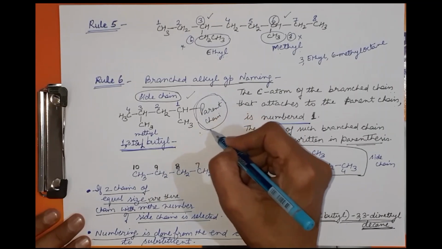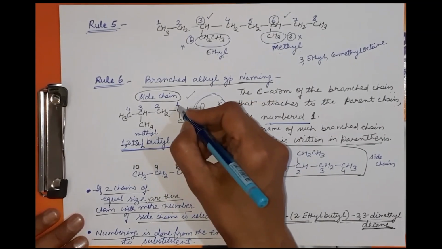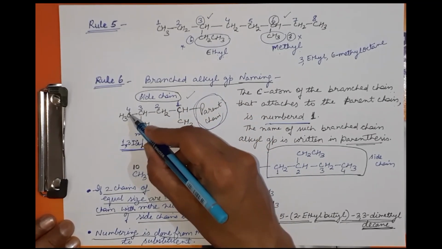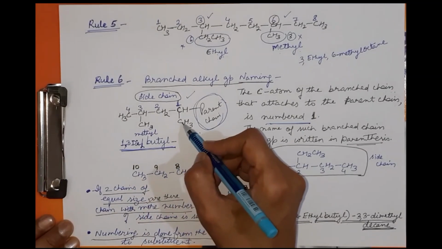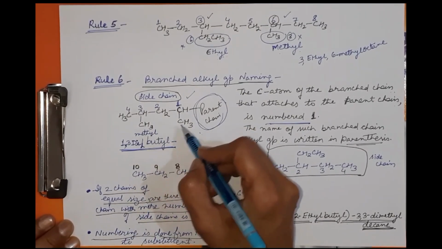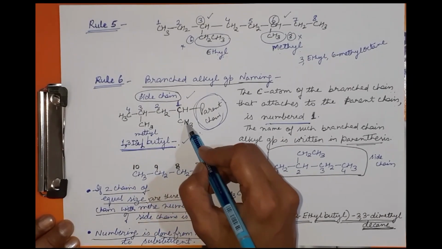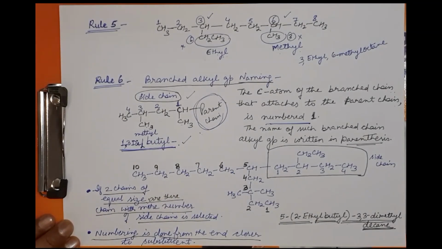This is the parent chain, and this carbon is attached to the parent chain, so this will be given the number 1. So 1, 2, 3, 4. So the name of this side chain will be 1,3-dimethyl-butyl. With one example, we can understand this.